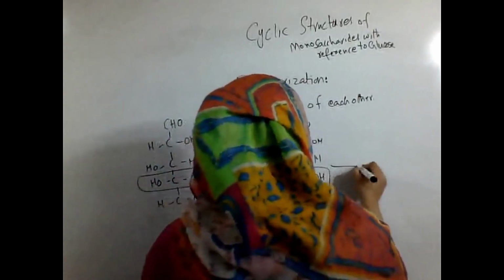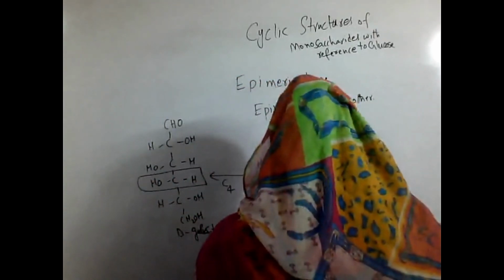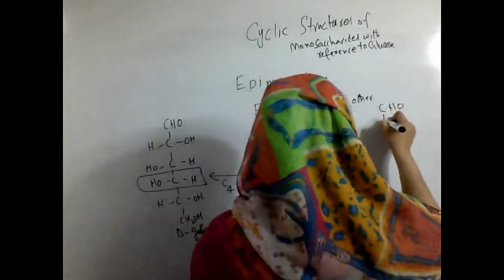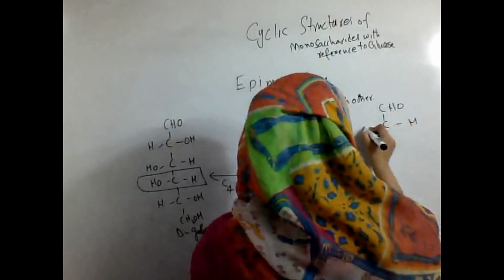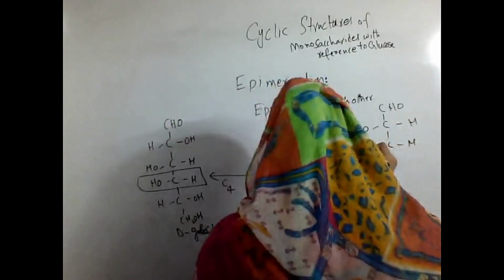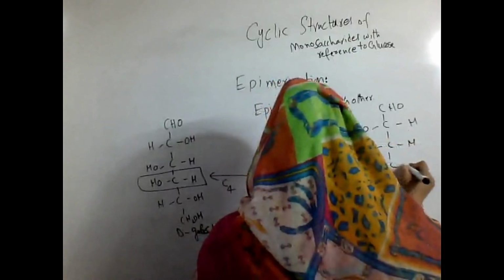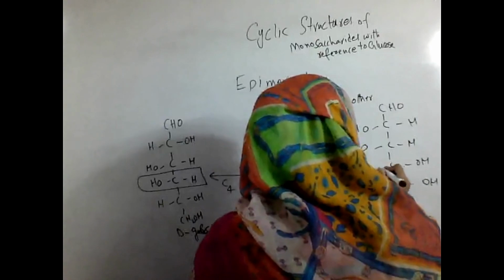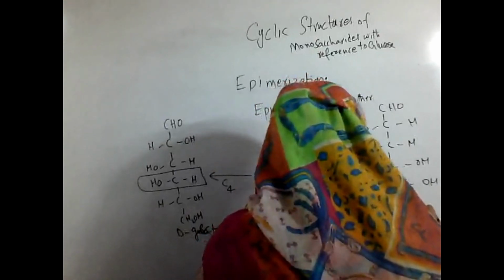Similarly, D glucose and D mannose are epimers of each other because they differ only at carbon number 2 in their structure.